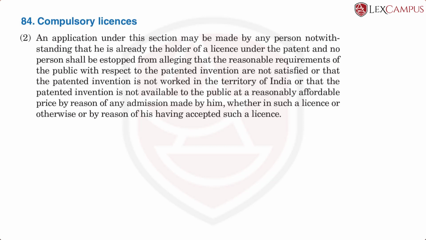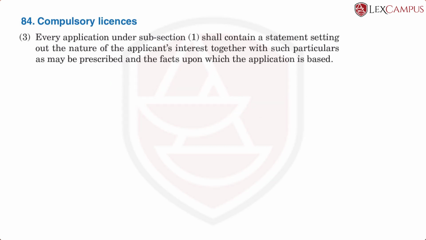Even if you have made an admission that yes, it is reasonably worked in India or it is available at a reasonable price, still you will be able to take an application for a compulsory license. In effect, regardless of what statements you have made, your statements will not hold you back from making a compulsory license.